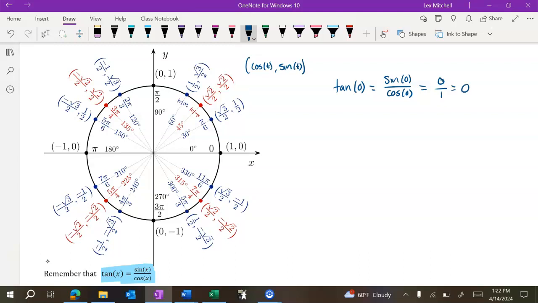And then if I do tangent of pi over 2, same thing, that's going to be sine of pi over 2 over cosine of pi over 2, which is 1 over 0. And we cannot divide by 0, right? That's going to give you an error in your calculator. There's no feasible way to have one part of nothing, so this is going to be undefined.